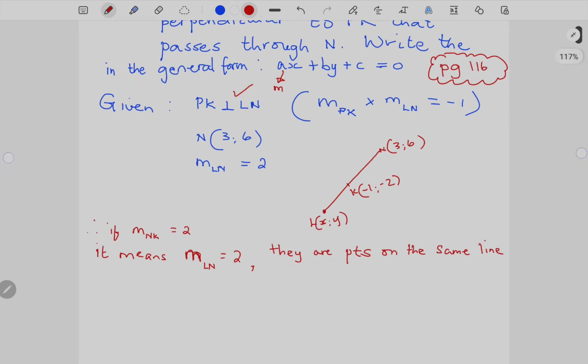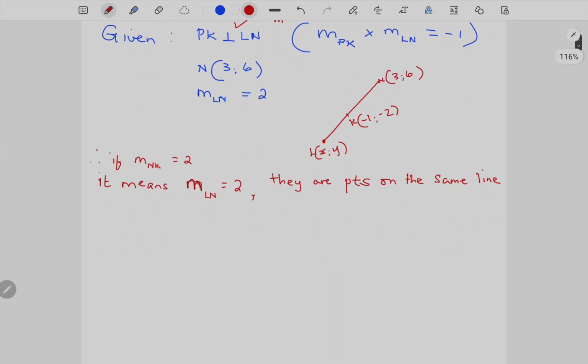So we know that M1 times M2 is equal to -1. That is what we know. So in our case, M of PK times M of LN is equal to -1.